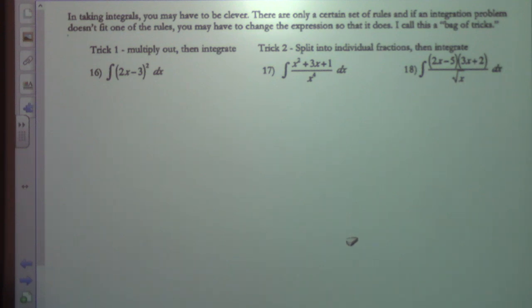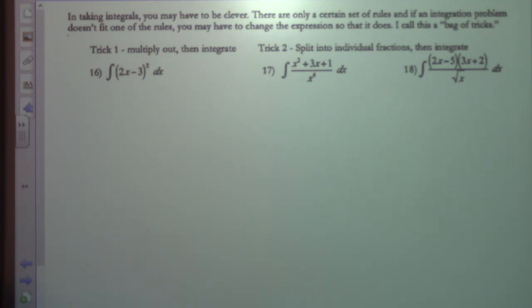Okay, now here's one where it says, in taking integrals you may have to be clever, and there are certain sets of rules. And if an integration problem doesn't fit one of these rules, you may have to change the expression so that it does. And he calls this a bag of tricks. I don't want to do the whole thing, but trick 1 is multiply out, then integrate.